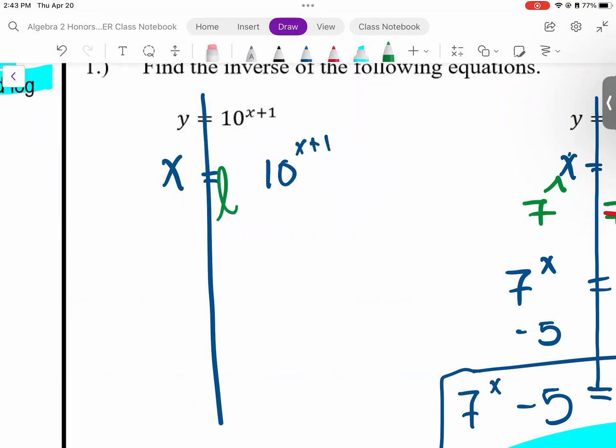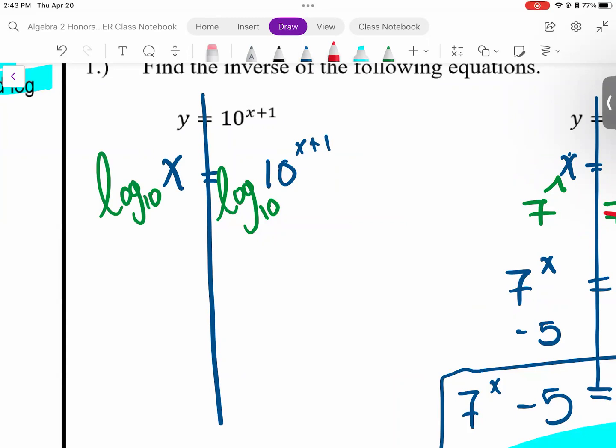I'm going to log both sides with the same base as your exponential. Whatever I do to one side, I do to the other. Now, what's going to happen when you do this?